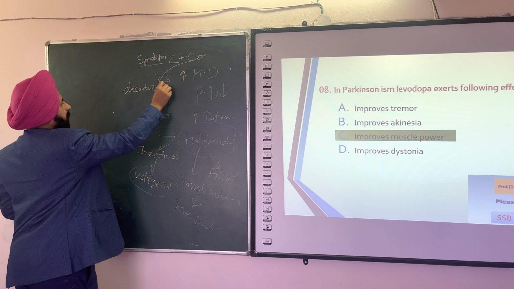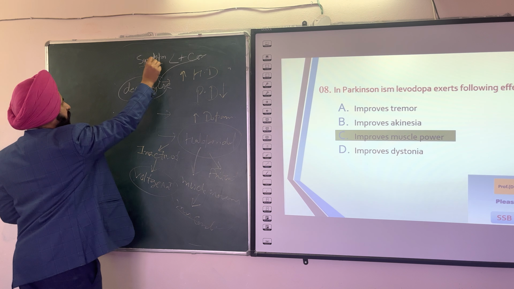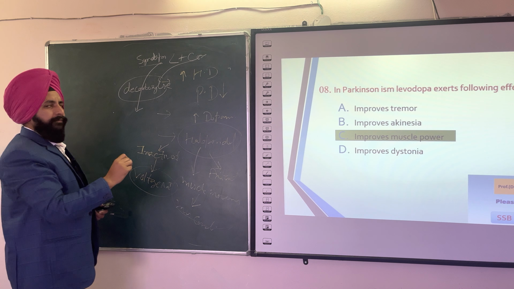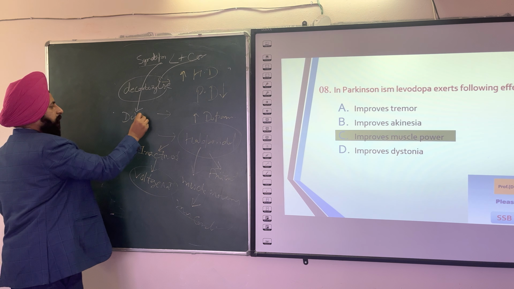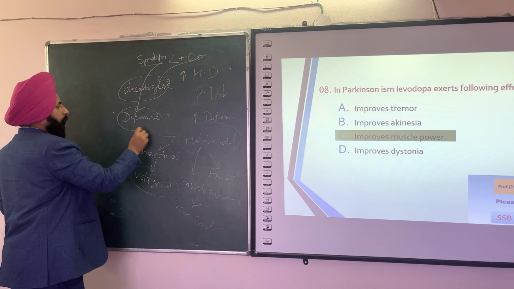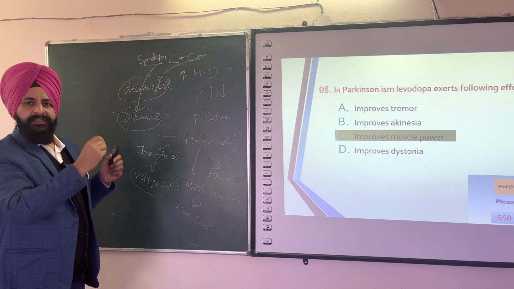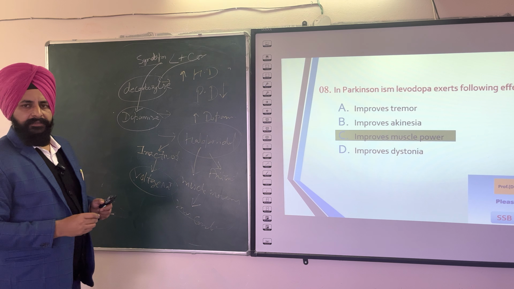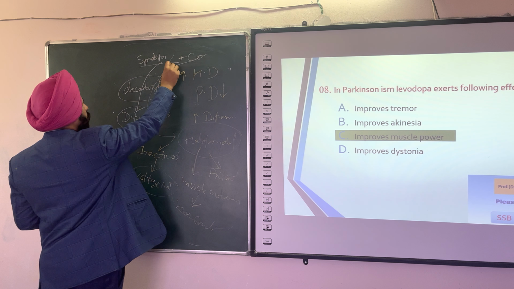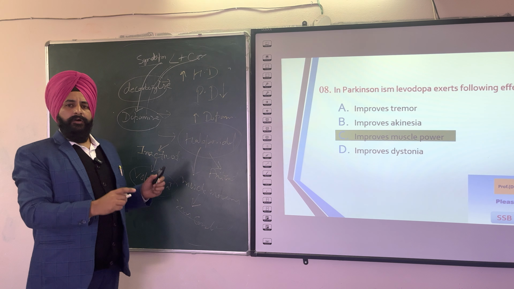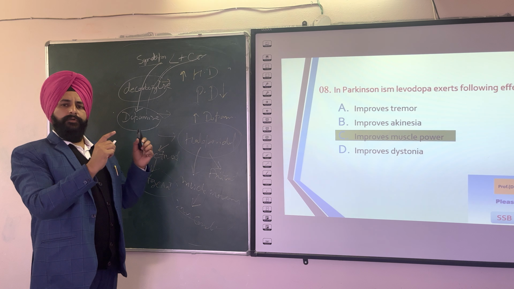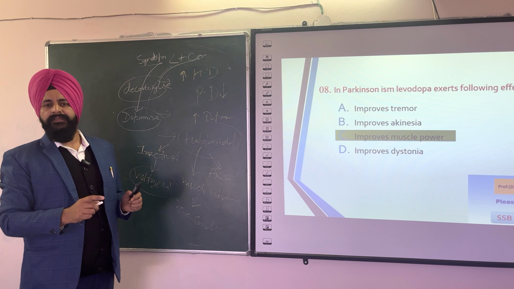Decarboxylase enzyme inhibition increases the penetration of dopamine, because another question can be which one is hydrophilic. Dopamine is hydrophilic, levodopa is lipophilic. So it converts more levodopa to dopamine. And another question can be, how much amount of dopamine crosses and is converted from levodopa.